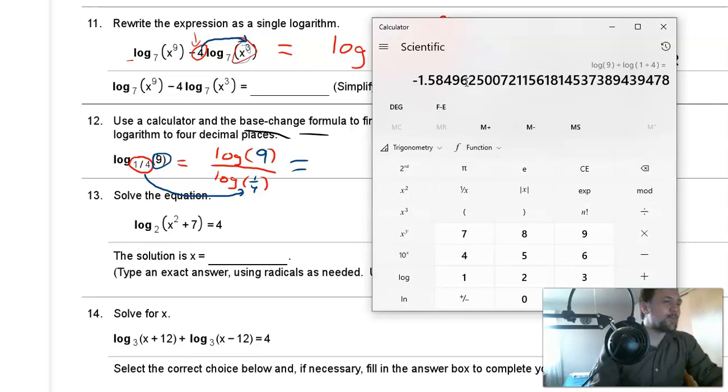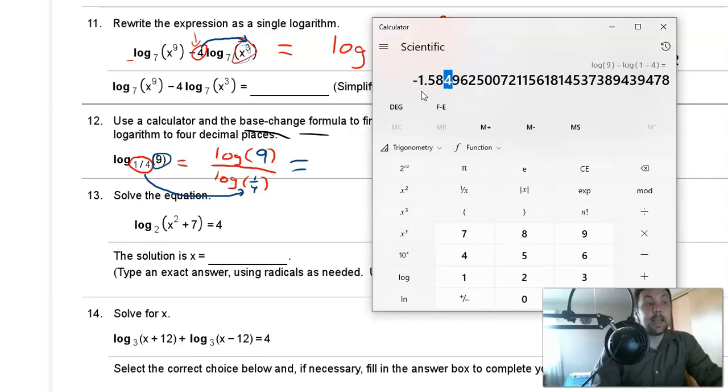And I get, this is a really common answer. I don't know if this set of numbers is pretty frequent, but I feel like this answer comes up a lot. Negative 1.58. Now they want us to round to the 4th decimal place. And so we have a 6 here on the 5th decimal place, which means we want to round this up. But the 9, when you round it up, it rolls over to 0, and that means we have to bump up this decimal place as well.